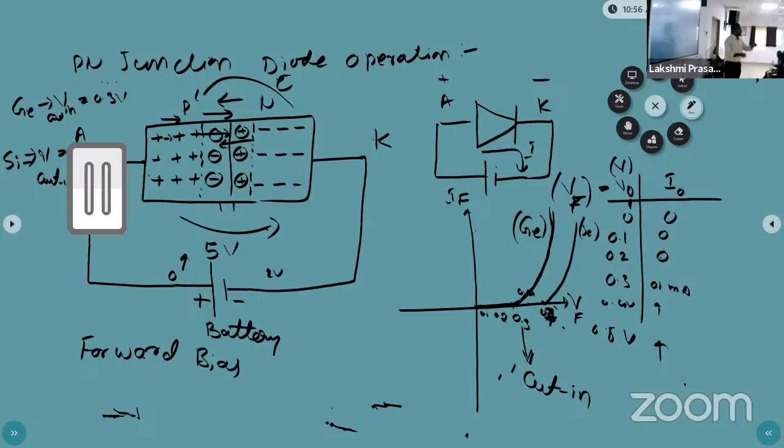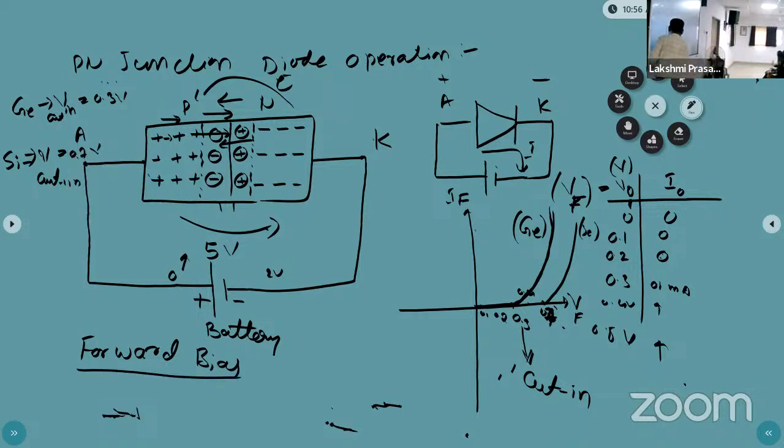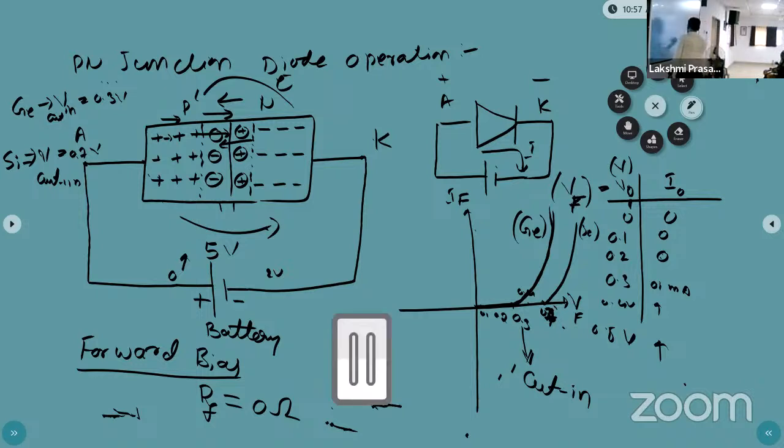Now, practically, here I will explain the diode under forward bias. If you increase the battery voltage, the current increases. RF is the forward resistance. For an ideal diode, the forward resistance is 0 ohms. But practically, how can the diode resistance be defined?